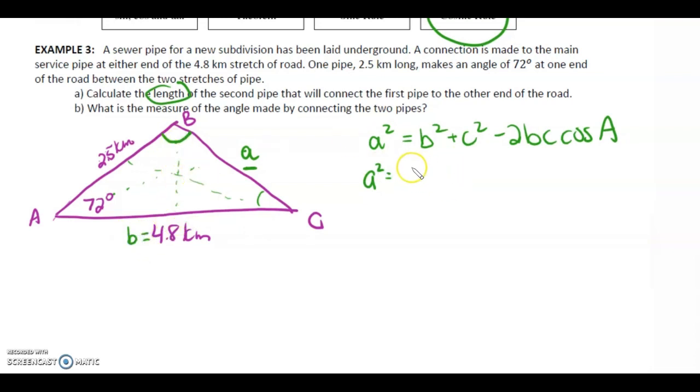It's opposite angle B. So 4.8 squared plus side C, which is 2.5 squared, minus 2 times BC again, which is these ones repeated, 4.8, 2.5. Then we have cos, and we want to fill in angle A, which is our 72 degrees.